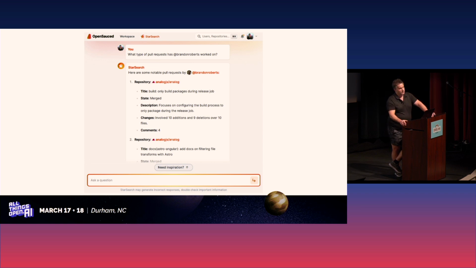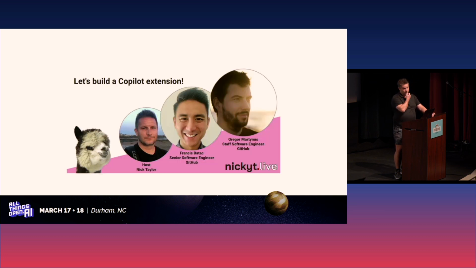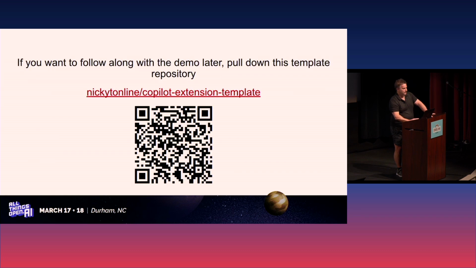And at the same time, Copilot was out, but extensions were still fairly new. But Microsoft was one of our investors, and I got a chance to hang with some people from GitHub. So basically built out a Copilot extension for OpenSauce. And that's kind of turned into a blog post, turned into other things, this talk, given a workshop later, I think in a month. So that's pretty much how we got here.